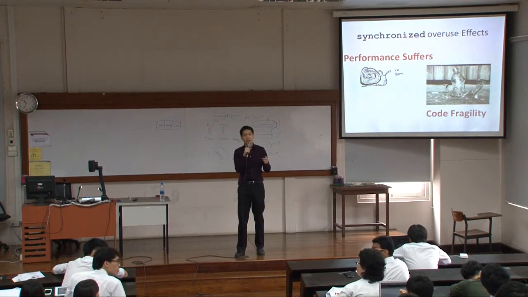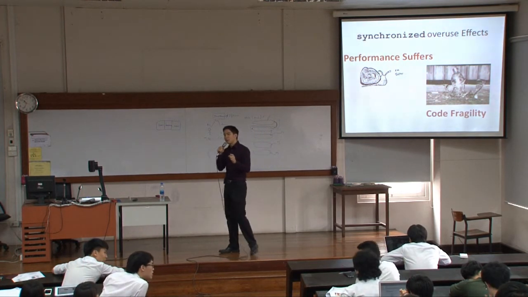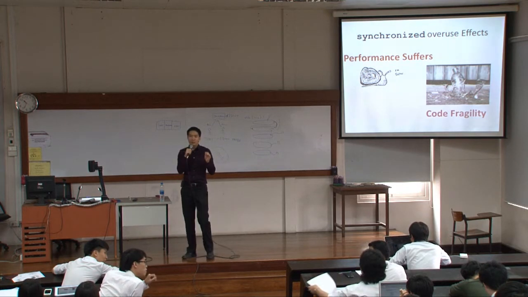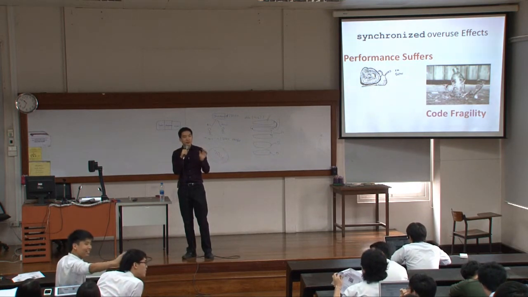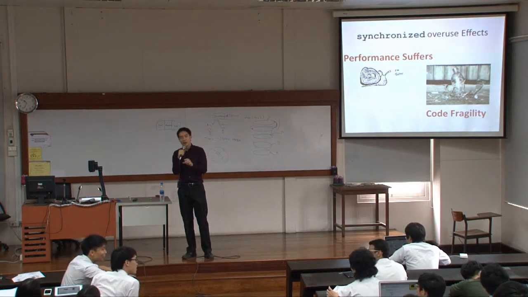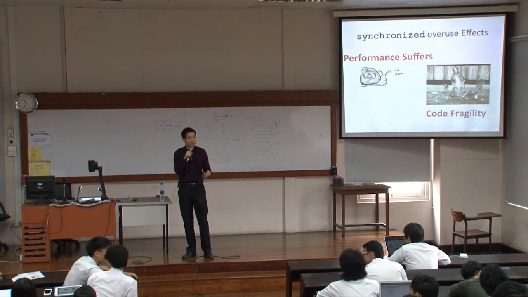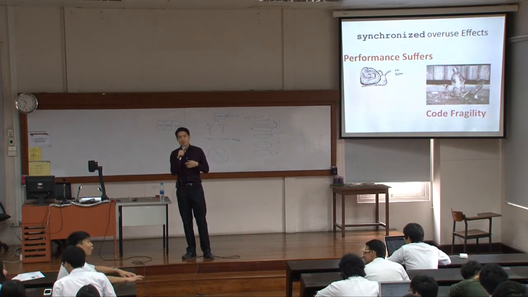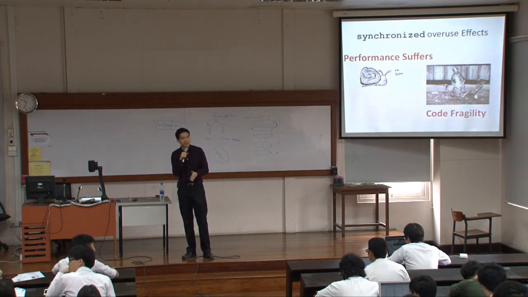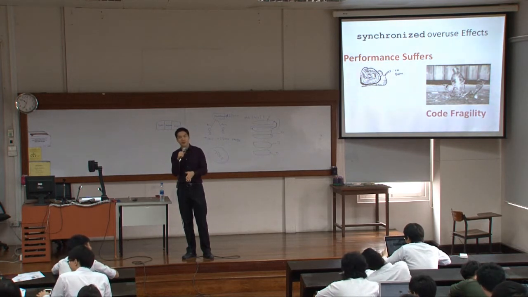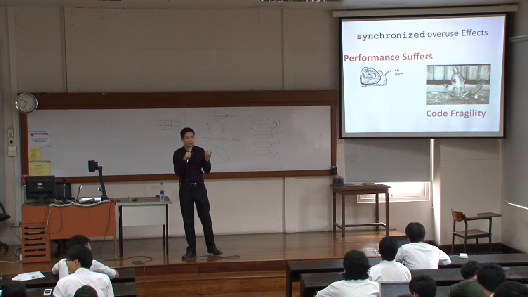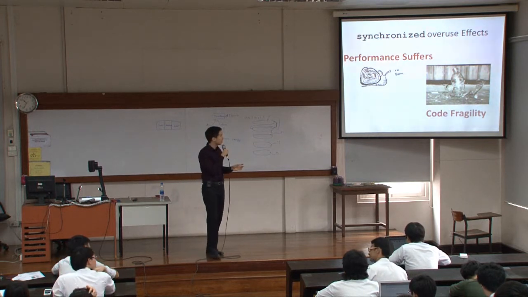And secondly is code fragility, where if you forgot to put the synchronized keyword somewhere, you will run into a race condition, and you have to make all these tedious decisions to ensure that your code is thread safe. This is what we mean by code fragility.